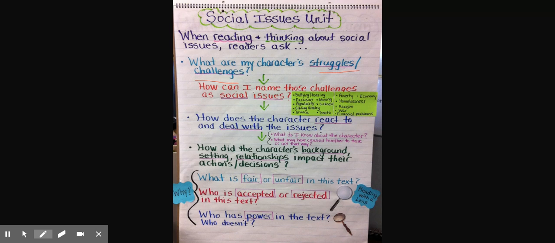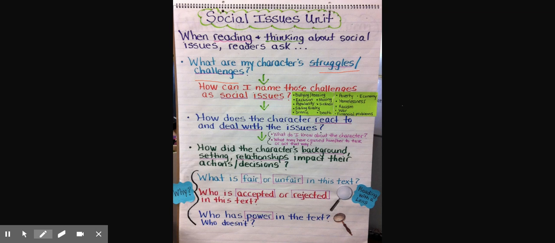So let's go over some examples of social issues: bullying, teasing, exclusion, moving, popularity, sickness, sibling rivalry, divorce, death, poverty, economy, homelessness, racism, war, financial problems. These are just a few of the things that could fall under the social issues list.